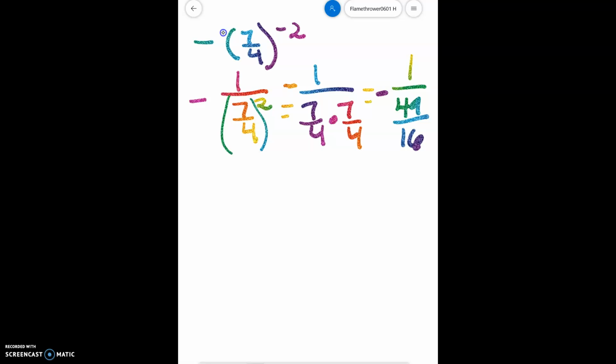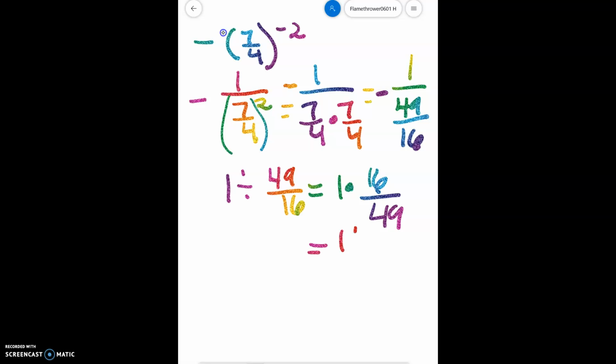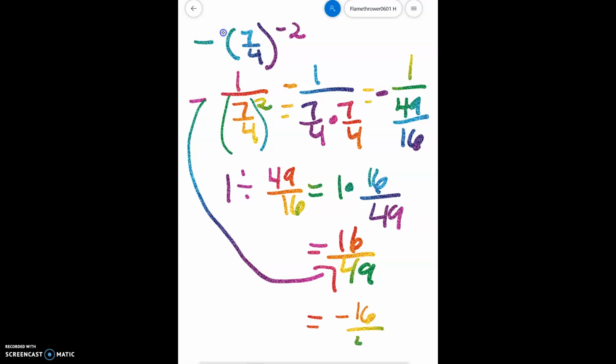But before we take the opposite, we need to simplify. 1 divided by 49/16, which is 1 times 16 over 49, which would be 16 over 49. And then we don't forget that we have to take the opposite of positive 16 over 49, which would be negative 16 over 49.